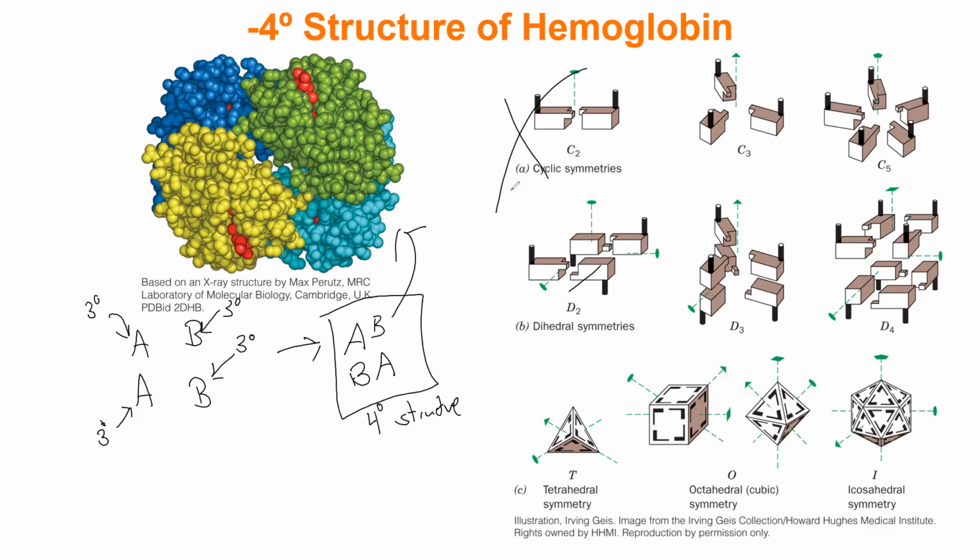So for this class, what we should know is that quaternary structure is just the 3D structure of multiple peptides forming one protein. Also, just my terminology there: something that goes from N to C terminus is called a peptide. It's also called a protein if it's a functional unit.